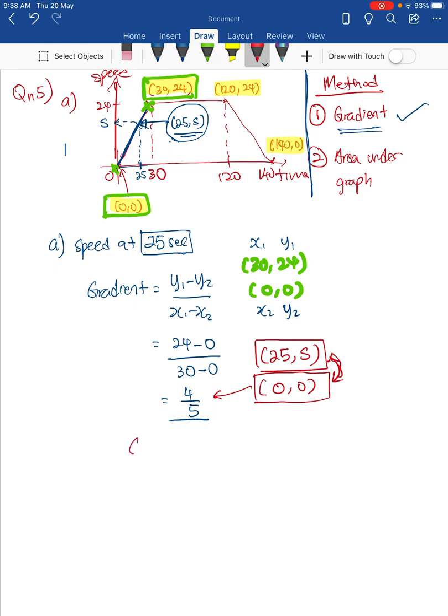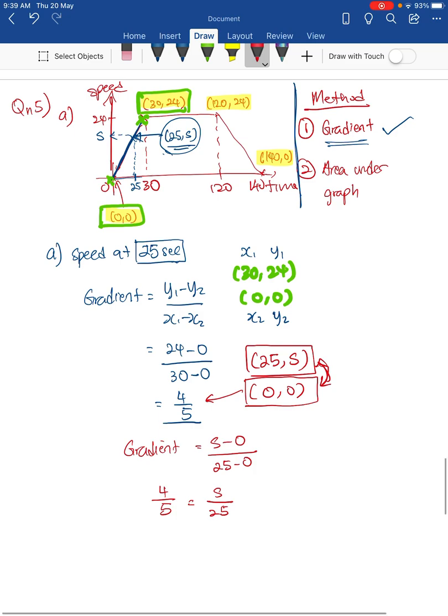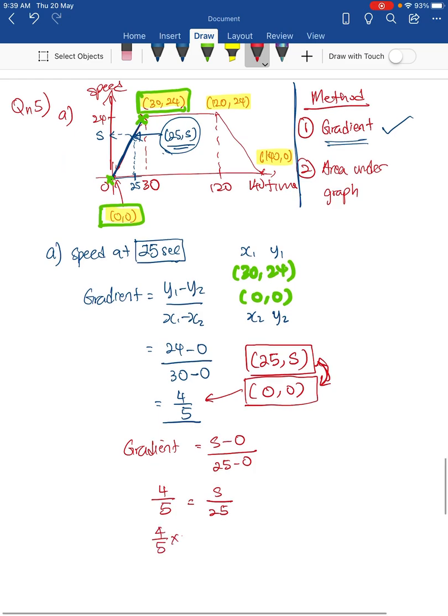So the gradient also equals s minus 0 over 25 minus 0, and this should give us 4 over 5 as well. So s over 25 equals 4 over 5, and to solve this we simply cross multiply, or bring the 25 across. So s will be equal to 20, and the unit will be meters per second.